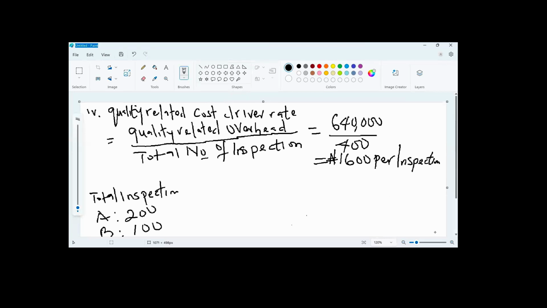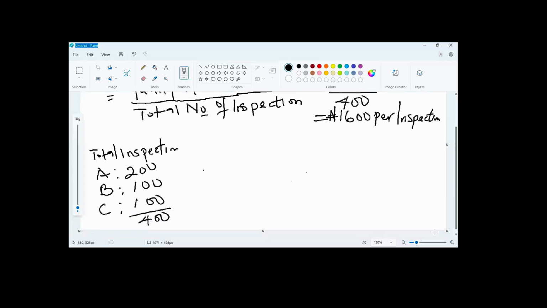We can now come back here and do the allocation, multiplied by 1,600, multiplied by 1,600, multiplied by 1,600. This will give you 320,000.